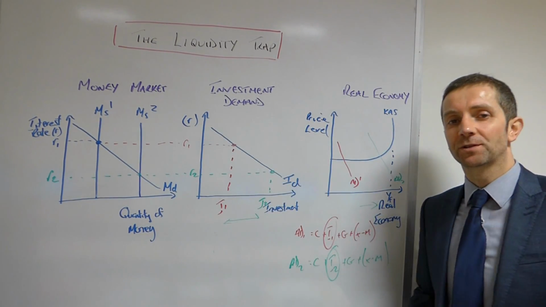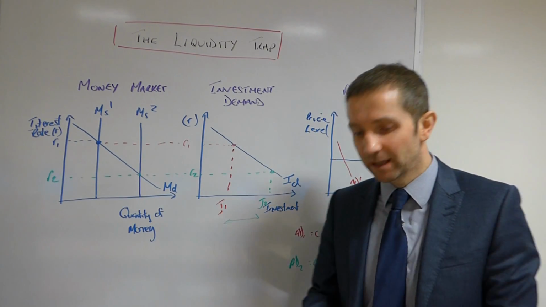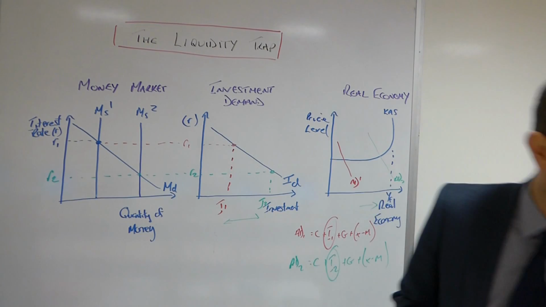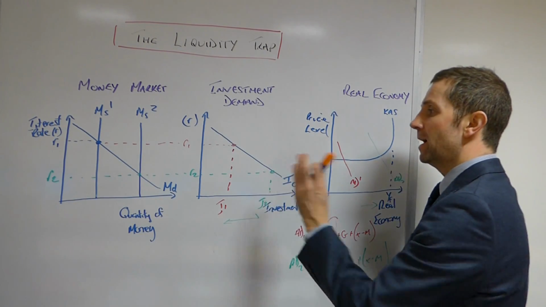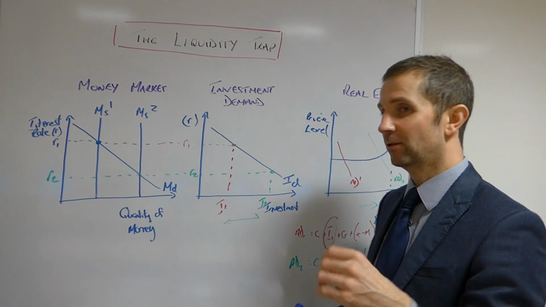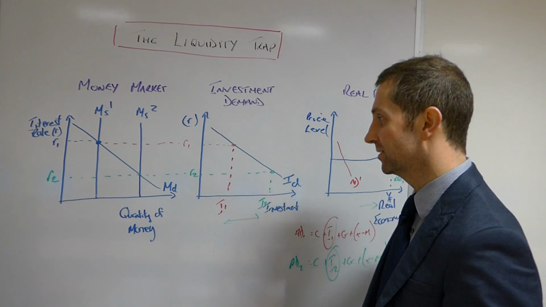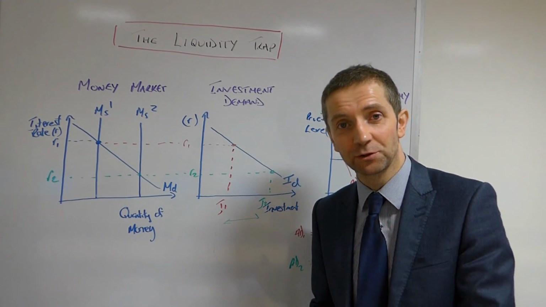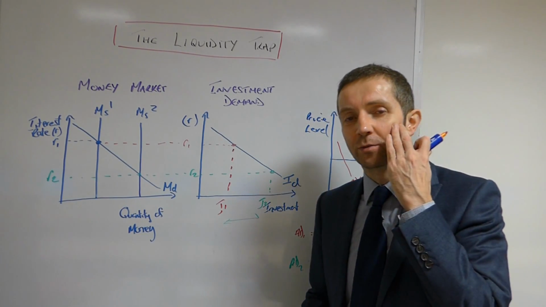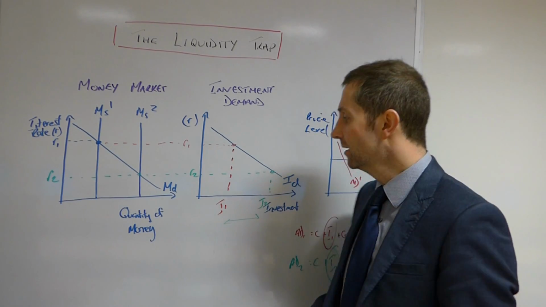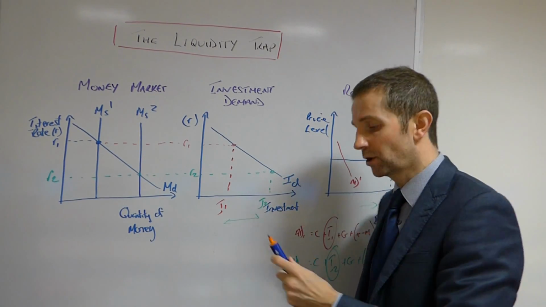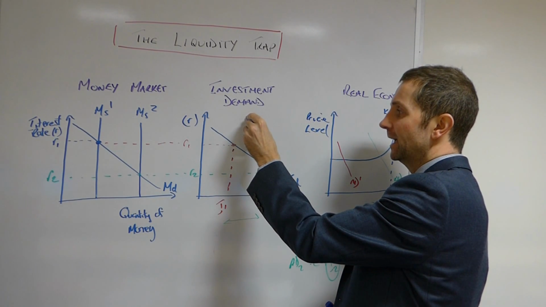Okay, so what's this thing called the liquidity trap, ladies and gentlemen? Well, this arises whenever the investment demand schedule is highly insensitive to changes in the interest rate. That would mean, if you have a little think about that in your mind, you've probably clicked this already, that the investment demand schedule, or the investment demand curve, is very inelastic.